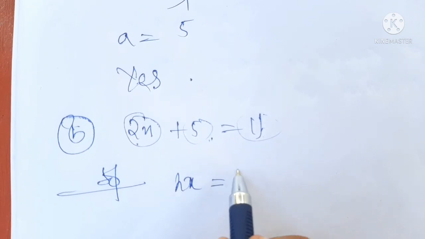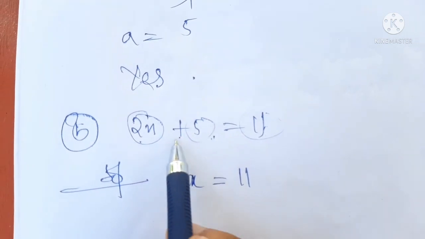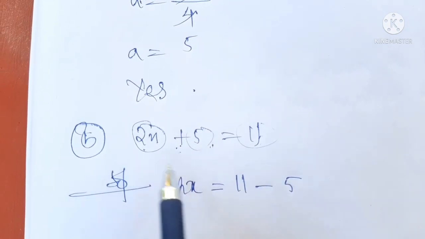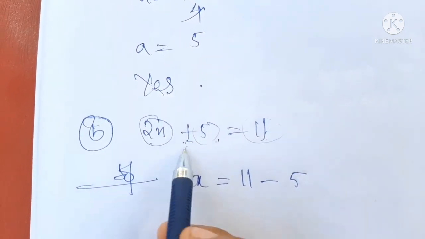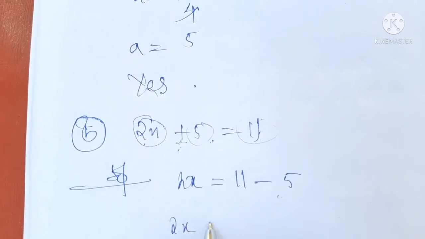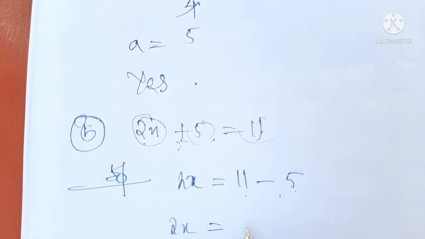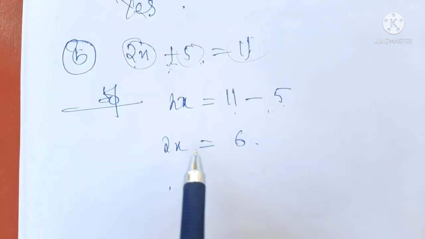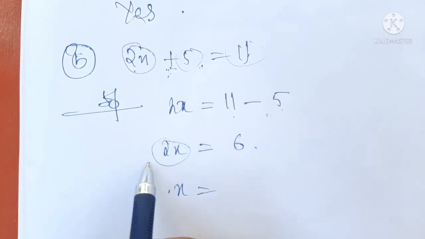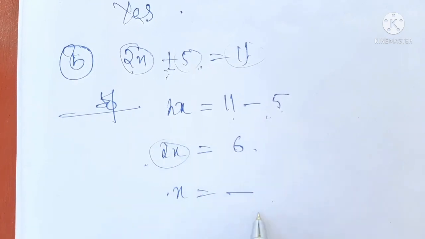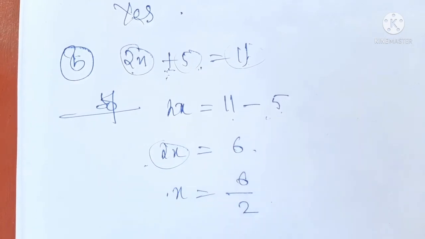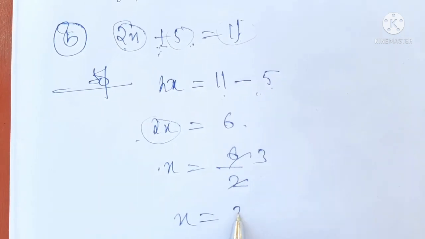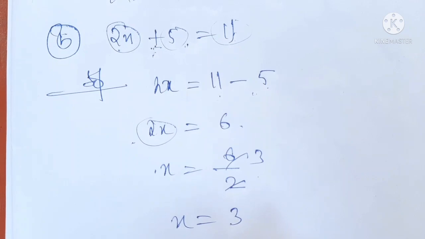Plus 5, if we transpose, then it will be minus 5. So 11 minus 5 will be how much? 6. Now it's only one term, right? So the 2 will go to the denominator. So 6 by 2, and if you cancel these, how much will you get? 3.